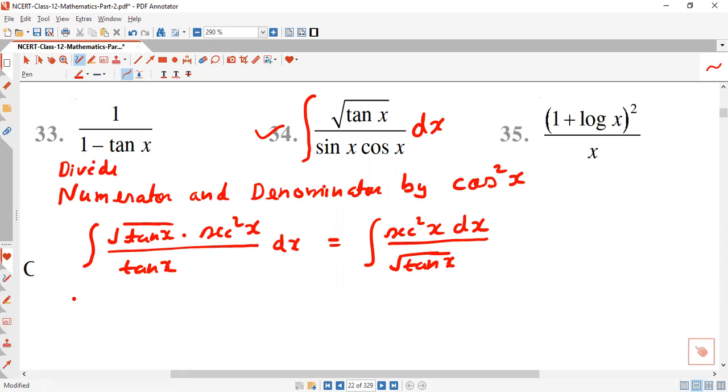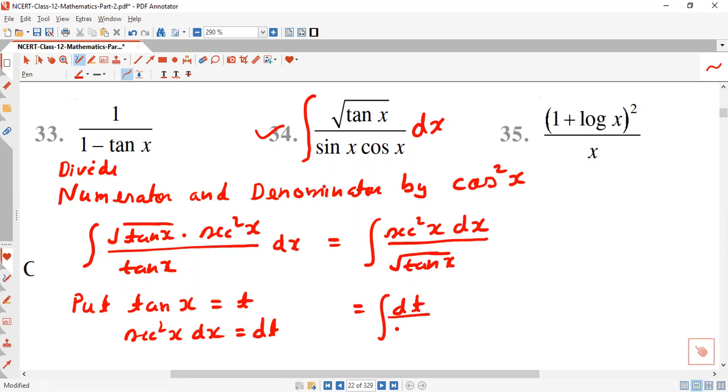Now put tan x equal to t, so sec square x dx equals dt. The integration becomes dt divided by root t, or t raised to minus half dt.